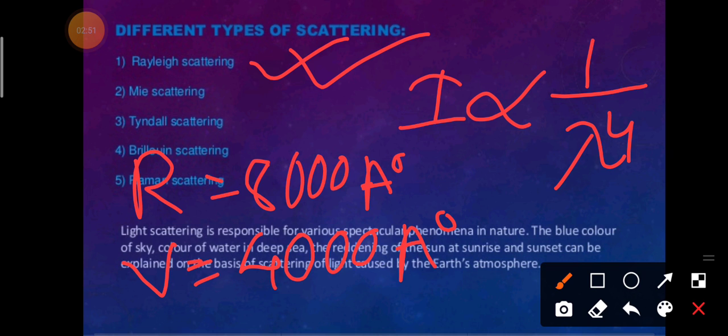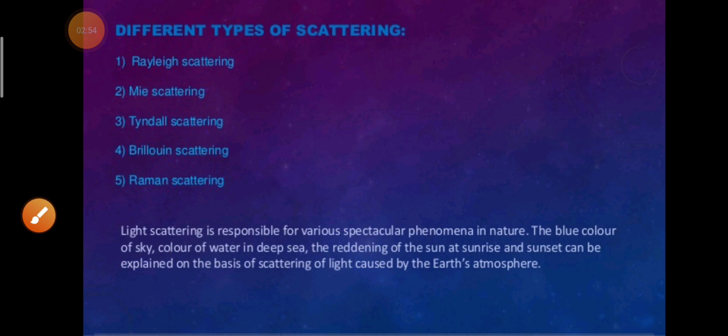This scattering is responsible for various spectacular phenomena in nature: the blue color of the sky, the color of water in the deep sea, and the red color of the sun during sunrise and sunset. We will explain these phenomena in the next slides.